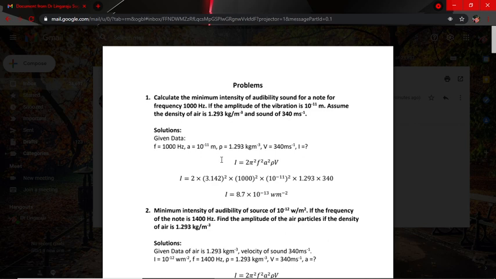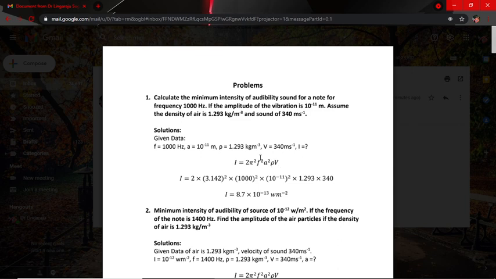The formula for this problem is I is equal to 2 pi square f square a square rho v. Here 2 and pi are constant values, f is frequency, a is amplitude, rho is density, and v is velocity.